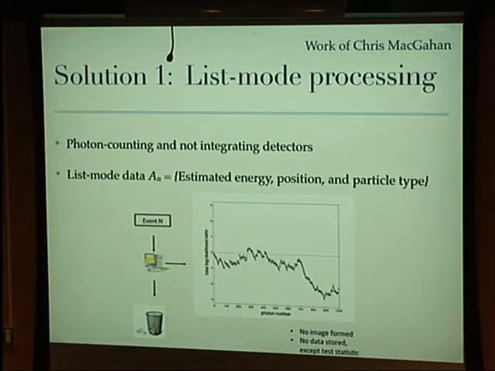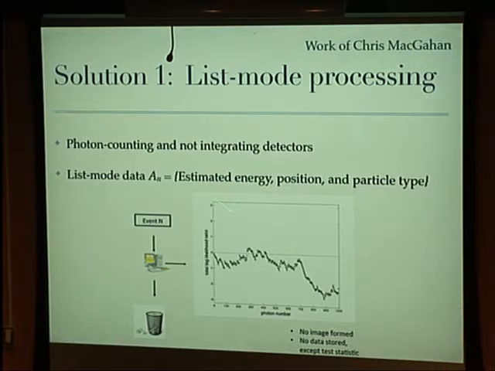All of these systems that we're dealing with, and in fact a lot of the systems I talked about previously in the adaptive problem, are photon counting systems, and they're not integrating detectors. When a gamma ray or a neutron interacts, it produces a signal. That signal is read off, and usually it's aggregated to generate an image, but it doesn't have to be aggregated. We could take that list mode data, process it, and then throw it away.